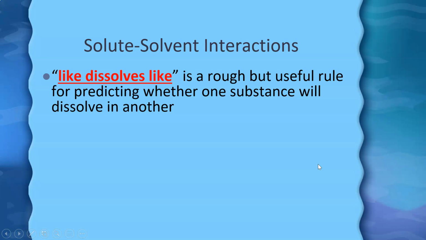So we could maybe turn what we learned yesterday into a little bit of a rule, a rule of thumb, we'll put it that way. Like dissolves like. It is a rough rule, but a useful rule in predicting whether one substance will dissolve into another one. So if I say like dissolves like, what exactly do I mean?